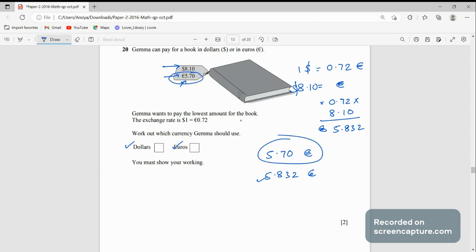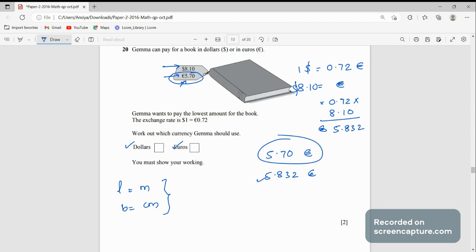So what we did is here just make both in the same unit. You remember, for example, in finding area of rectangle, length is given in meter, breadth is given in centimeter, what we will do, we will make both in one unit, either meter or centimeter.